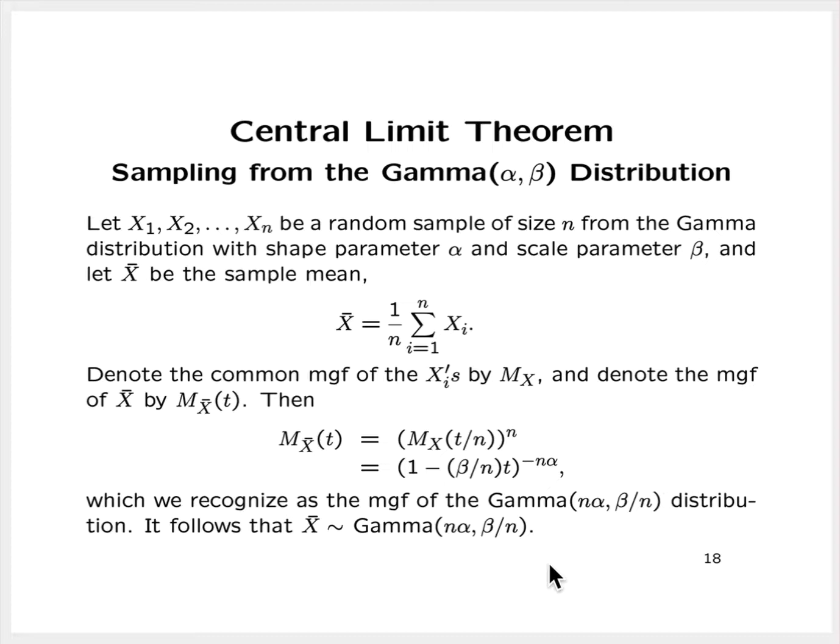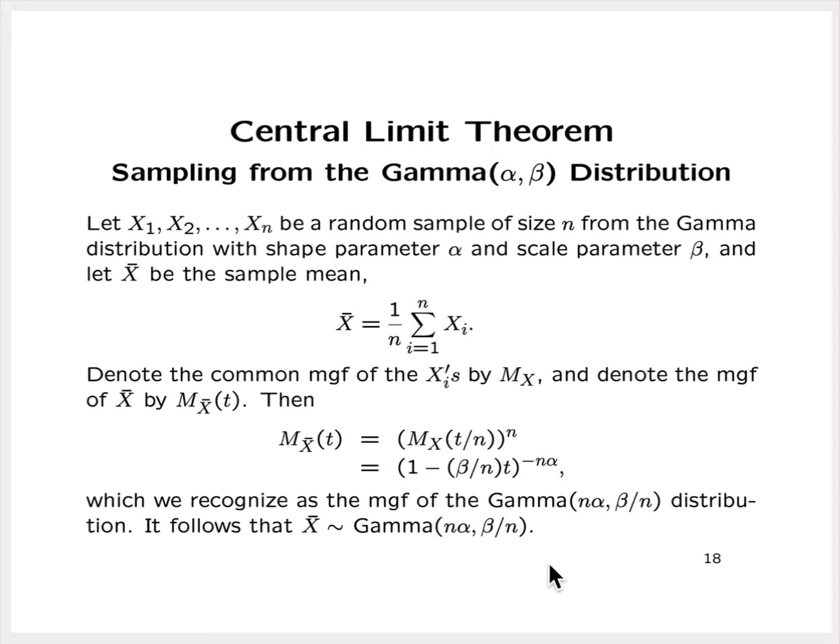And this is because, for those distributions for which the moment generating function exists, there is a one-to-one correspondence between a probability distribution and a moment generating function.